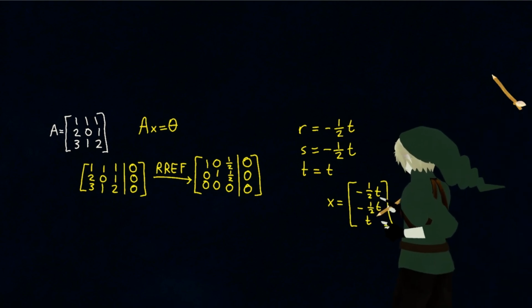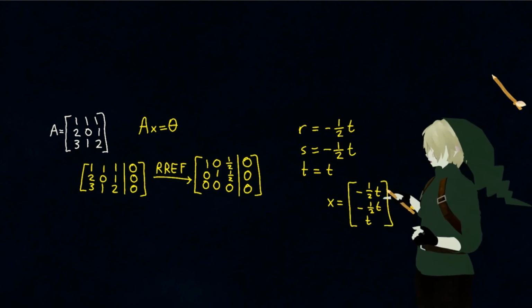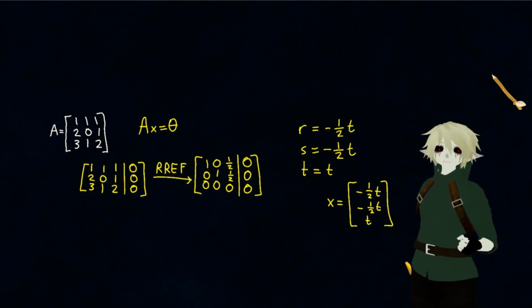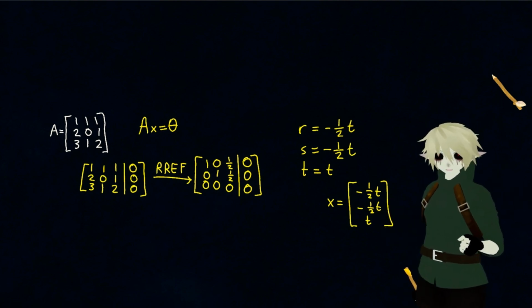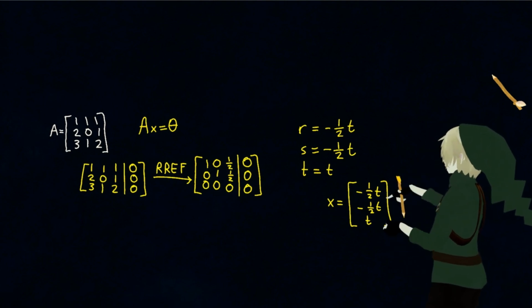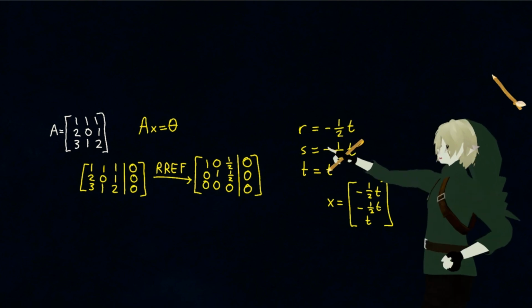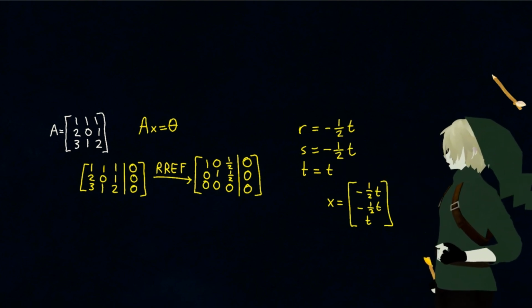Now this x actually has some numbers in it. You can let t equal 0, then it'll be our trivial solution, right? But if I let t equal 1, now it's not a trivial solution anymore. Now we have other numbers, right? And we could let t be literally any number, and it would satisfy that matrix equation, the homogeneous matrix equation.